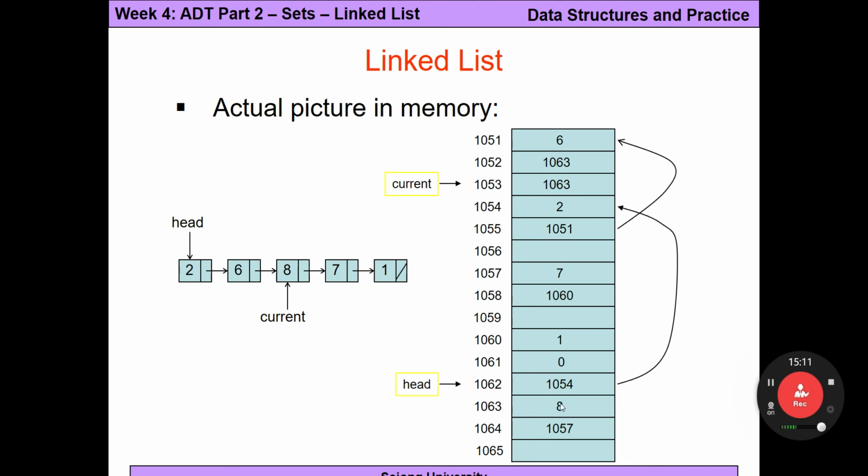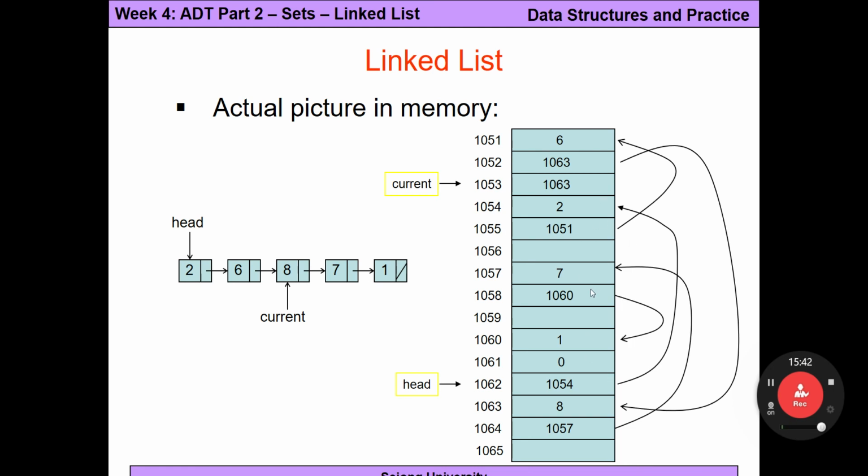This is data and this is next. From here 1057 is pointing towards this node. So now it is 1060. Where is 1060? Here is 1060, and you can see I have pointed through this arrow.